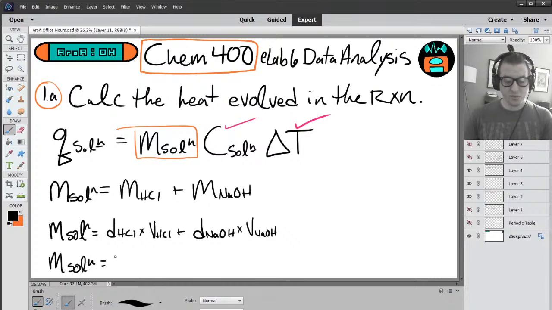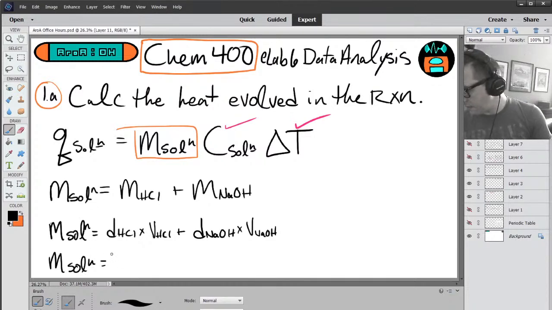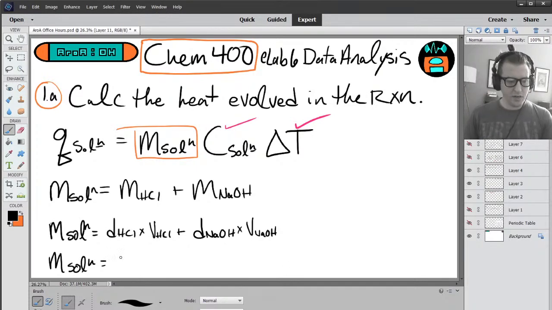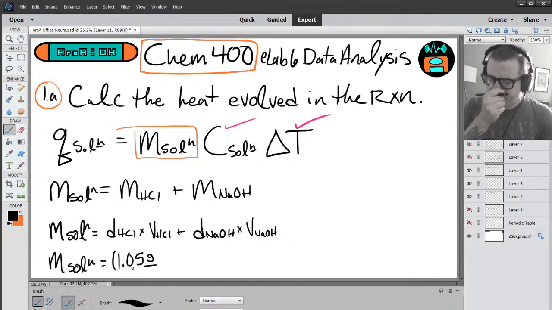So the mass of the solution is equal to the density of HCl, which we have right here. It's 1.05 grams per milliliter.